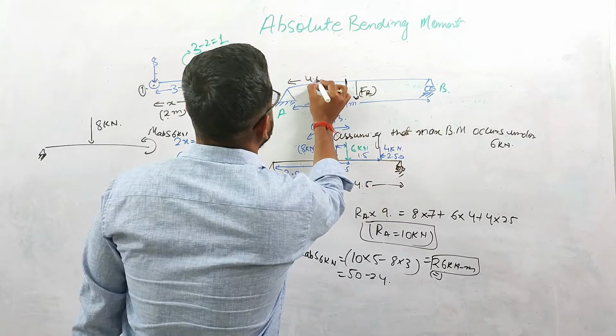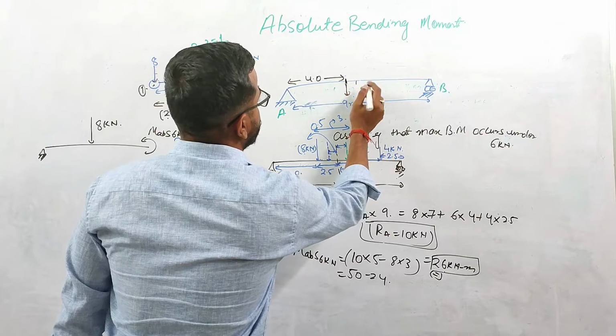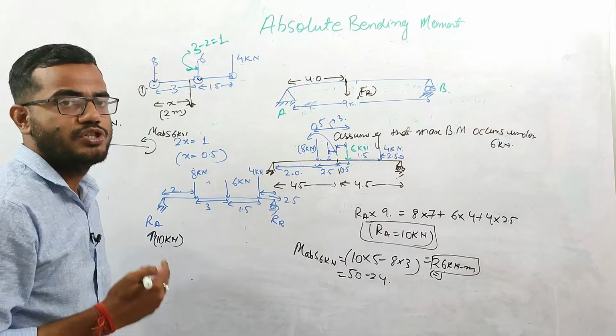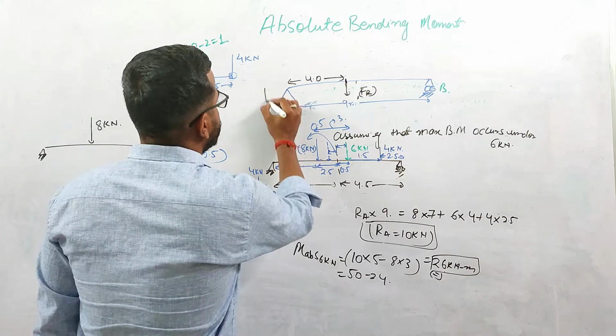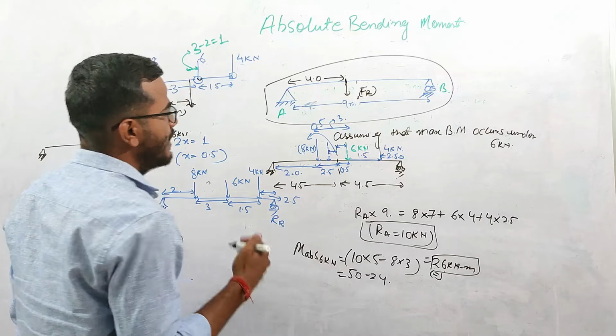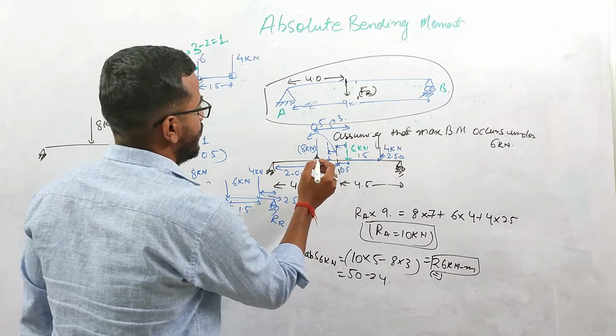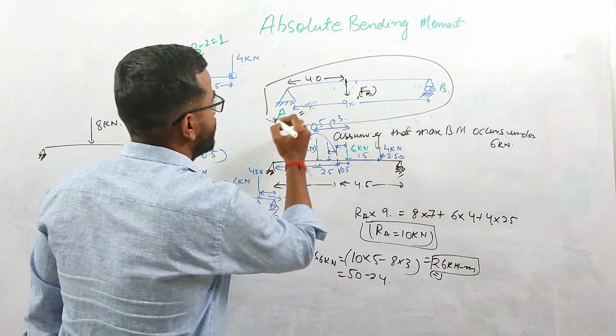So this distance is nothing but 4 meter. Someone can ask, we already know the load positioning of this FR load, so why not calculate the moment due to this system? We'll save our time by using it.